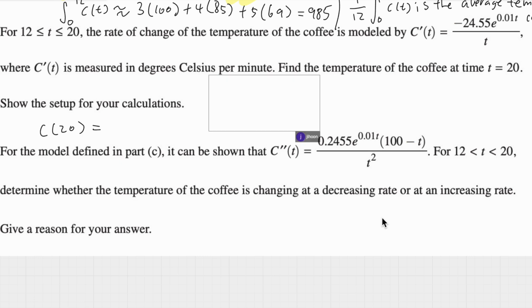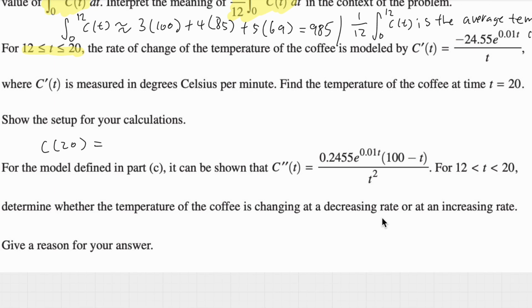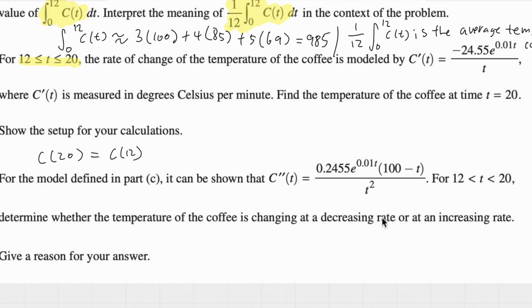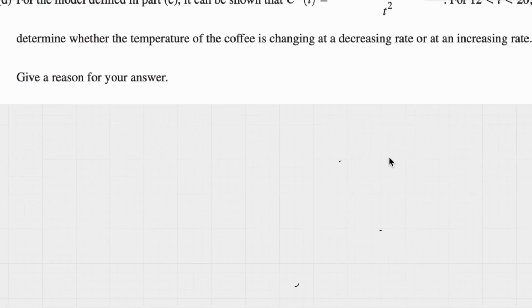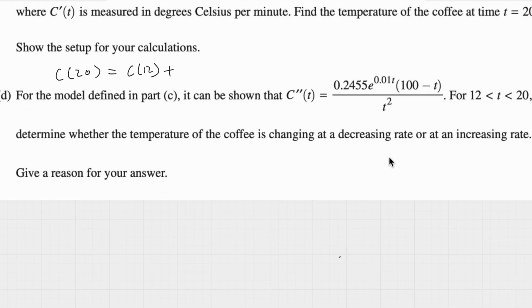because first of all, C prime of t is defined only for 12 to 20, and that means that from 0 to 12 we have to use another method, and we can get C of 12 from the table, and it's 55, and what we add is from 12 to 20, the integral of C prime of t, and this is going to be equal to 55 minus about 14, and that is equal to around 41.